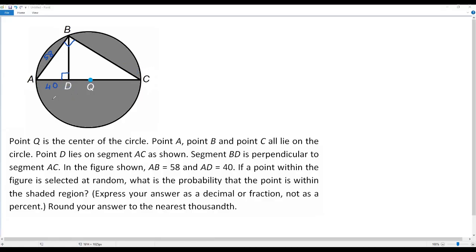For that, we can use the similar triangles concept over here. Now let me consider two right triangles. One is the smaller right triangle ABD and the other one is the bigger right triangle ABC. A is a common vertex for both the triangles.